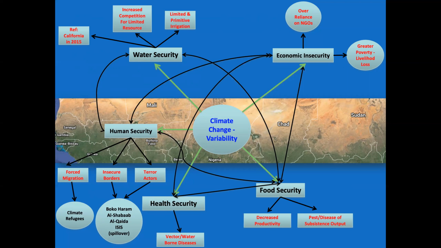Human security can lead to economic insecurity. Water security can lead to human security. Human security can compound food, health, and economy. Get it? It's all connected. And it's almost like the unraveling of a system. When one thing goes bad, other things can go bad in response. And that's the idea of thinking of the world as a connected system.